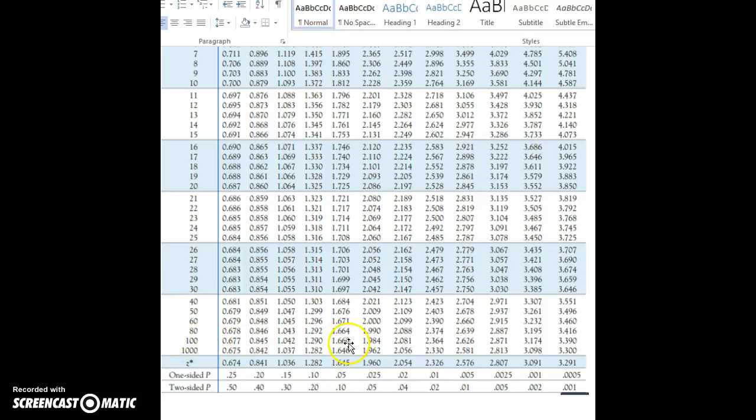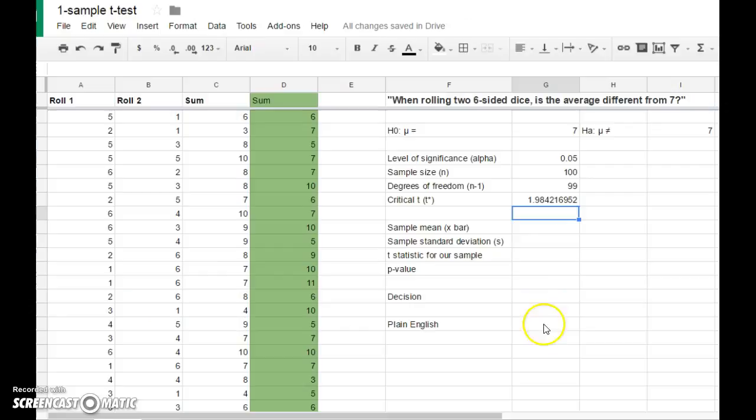My degrees of freedom is 99. That 1.984 is right there. We don't have the value for 99. That's the advantage of technology. If you're doing this on the test, you can go here in either direction. Typically, you go up to be more conservative. But you can see that the technology is giving us the exact t-star there.